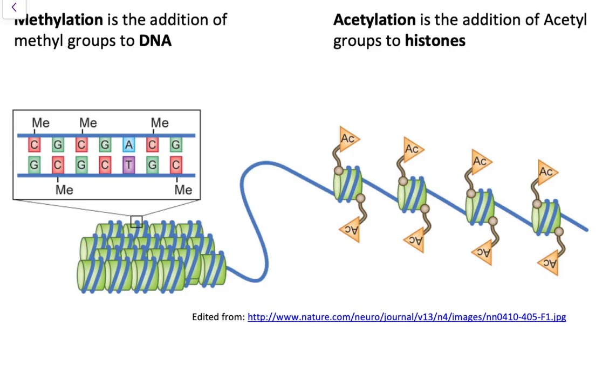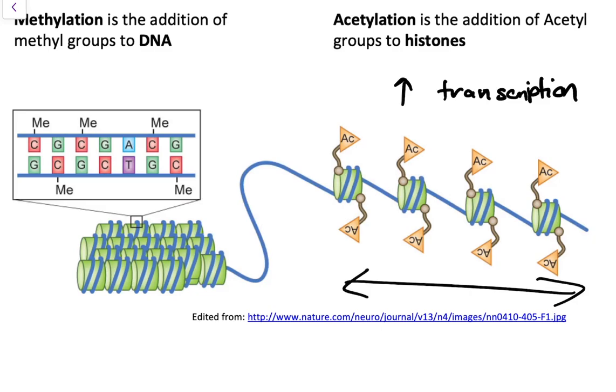So here we see acetylation adding acetyl groups. This would lead to increased transcription because it's cancelling out those positive charges, making the DNA more loosely associated. You can see here the DNA being more stretched out, not as tightly wound up. The other thing that can happen is methylation of DNA.